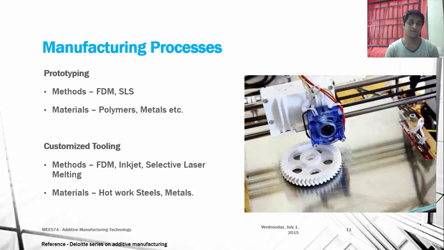So if you want to manufacture one specific part of the automobile, then the tooling required for that part can be manufactured using RP methods. Usually these methods include FDM, inkjet, selective laser melting, and materials are hot work steels and metals, which is obvious, as it is tool manufacturing, so we need a harder material.